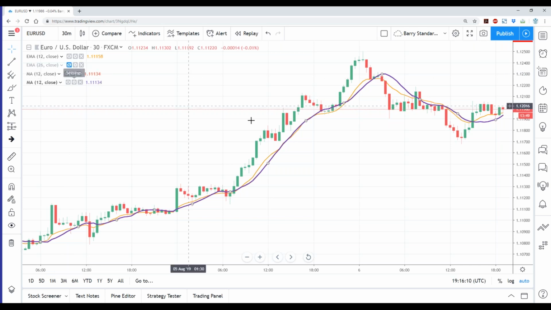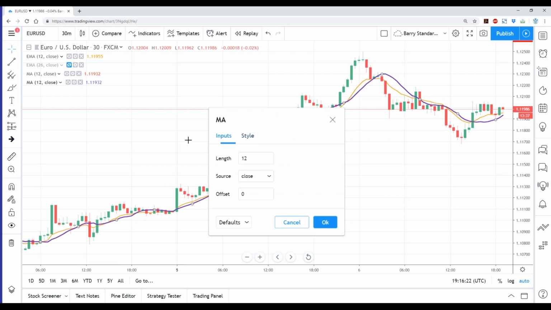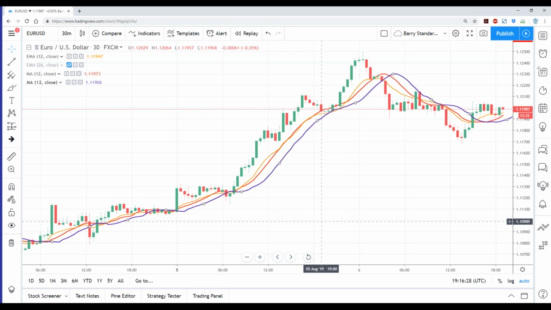Actually, yes, we do. So I'm going to take this 12 period moving average that we just did in purple, and we're going to displace it. It doesn't change the calculations at all. What we're telling the computer is to put it on our chart 3 periods forward.